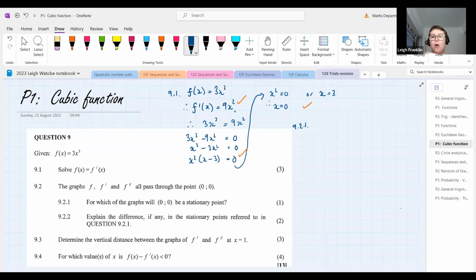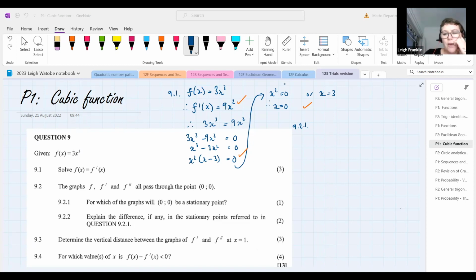So f is the graph of the cubic function. F prime is the graph of the first derivative, yes, it's quadratic, Trish.